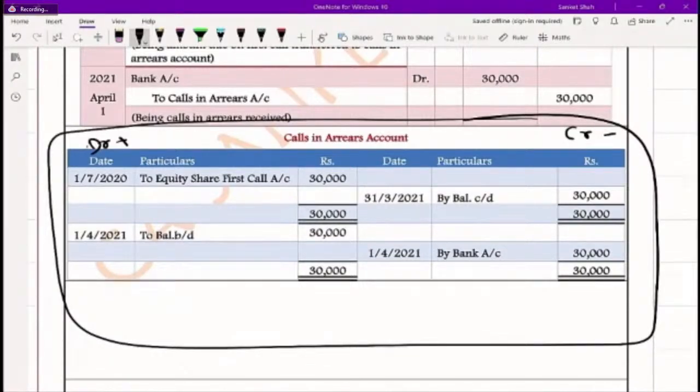Illustration number 8: please tell me after writing this account. To equity share capital, by balance carried down, to balance brought down, and by bank account.